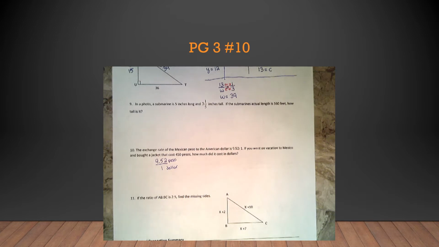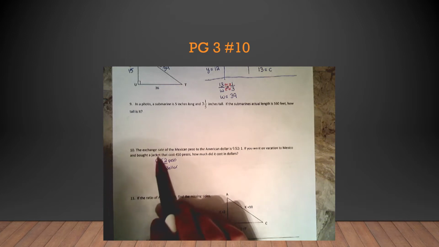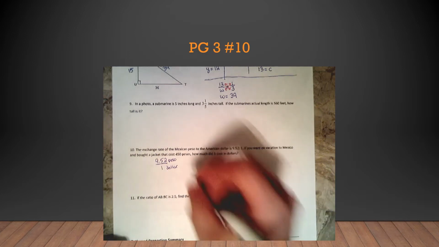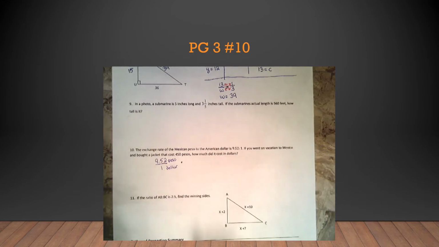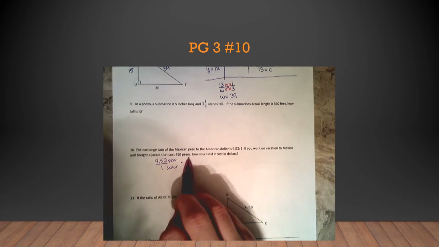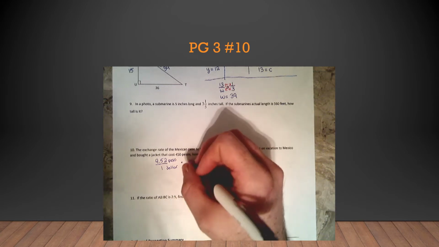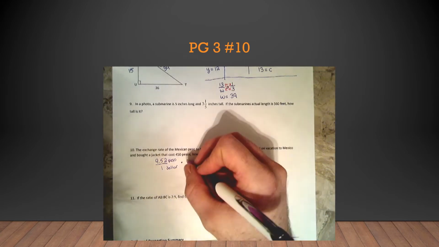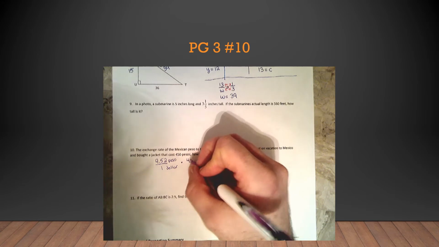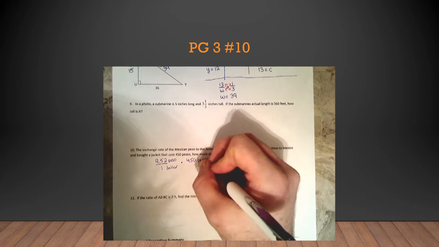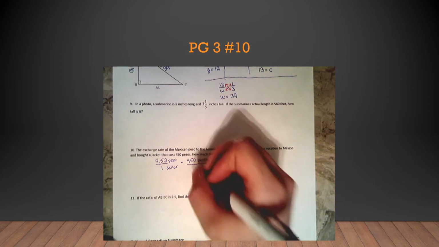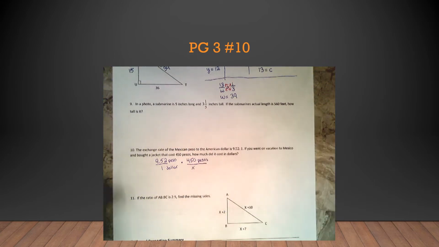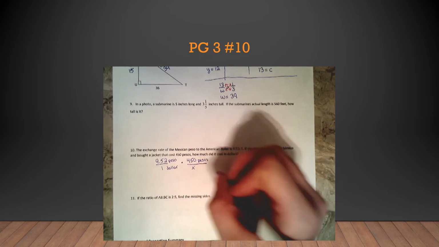The way that we're actually going to find how much the jacket cost in dollars is we're going to multiply this ratio times how much we spent. Now, we spent the money in pesos, so I'm going to have pesos in my numerator just like I have here. So times 450 pesos, and I'm going to put that over X because I don't know how many dollars that is.